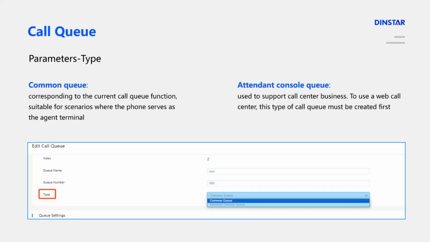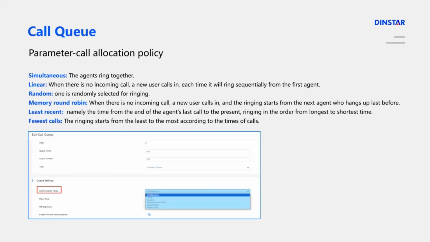And pick a call allocation policy. That means how the calls are assigned to the agent. And then we choose the agent members, the extension agents in the queue. Let's check it.